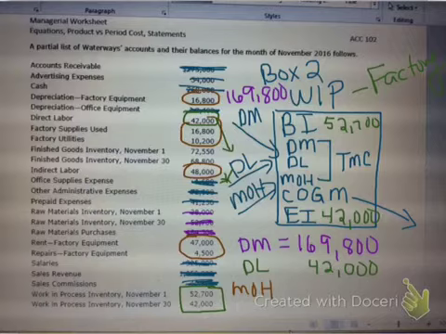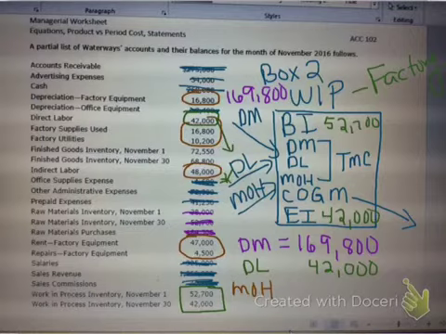Then I have the factory utilities at $10,200. I will have indirect labor at $48,000. And remember, indirect labor here is the labor for our production supervisors or our line supervisors that don't actually have their hands on the product, but they are supervising that direct labor.